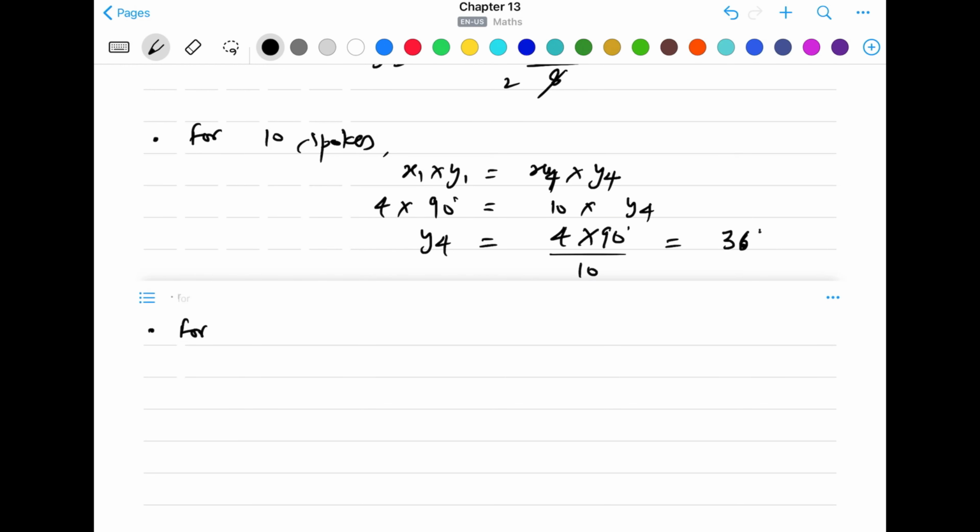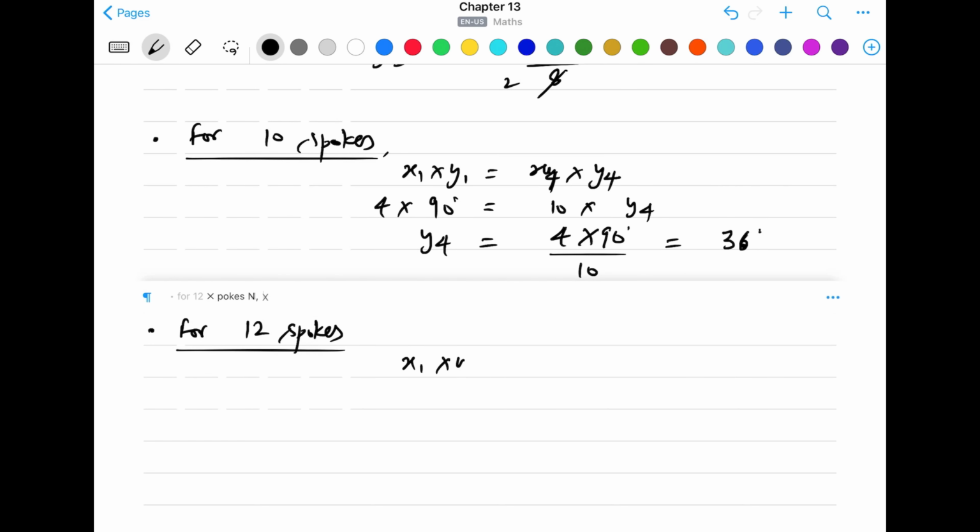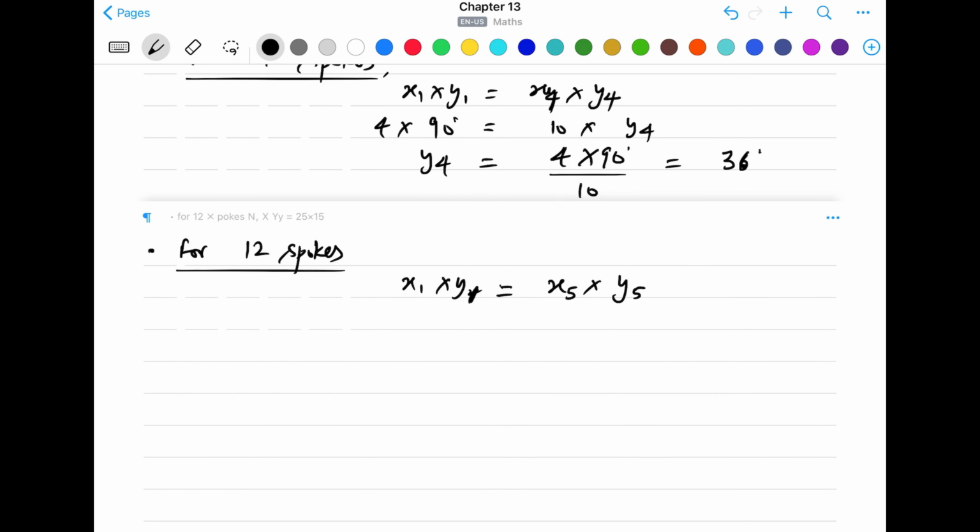Similarly, now we have 12 spokes. For 12 spokes we have the relation x1 into y1 equals x5 into y5. So x1 here is again 4, y1 is 90, equals x5, which is given as 12, and y5 we have to calculate.